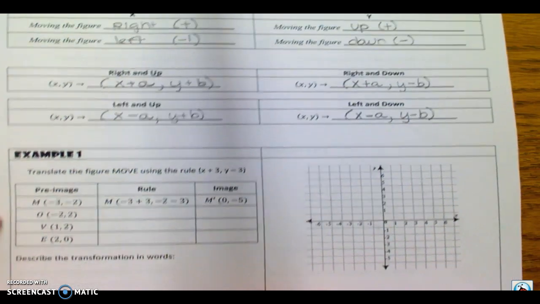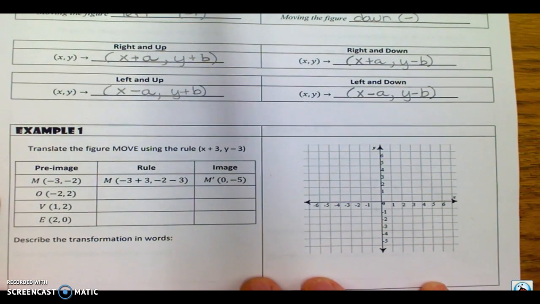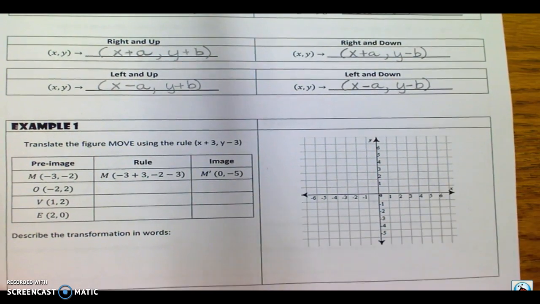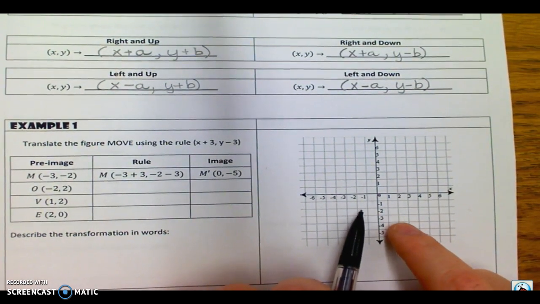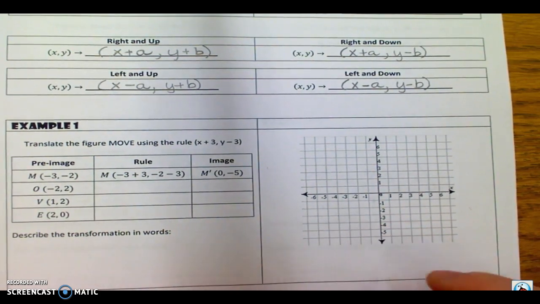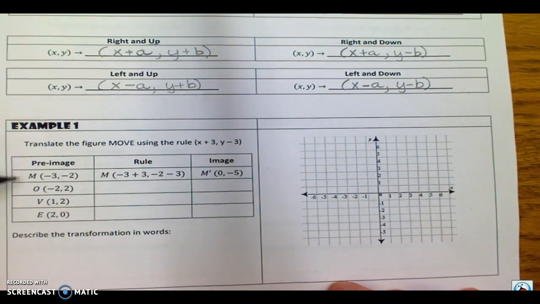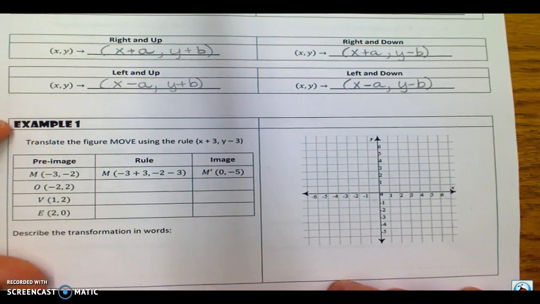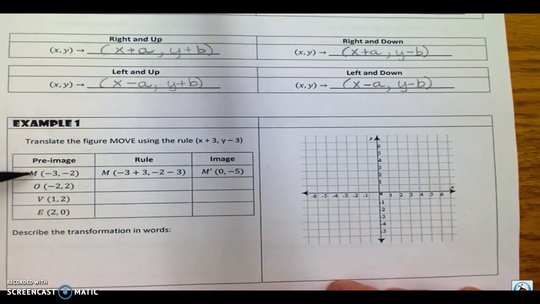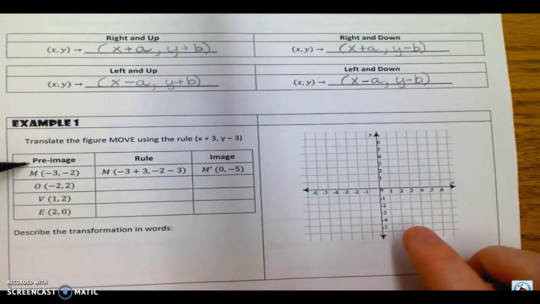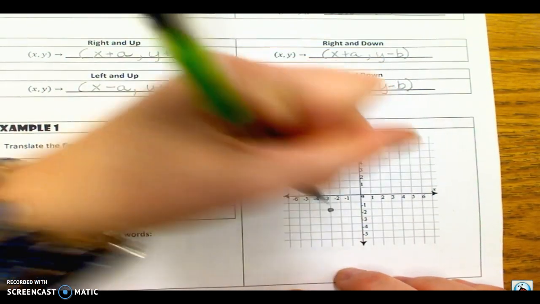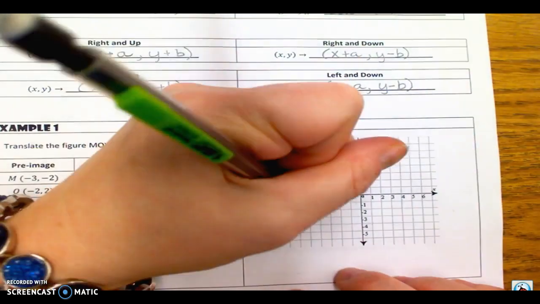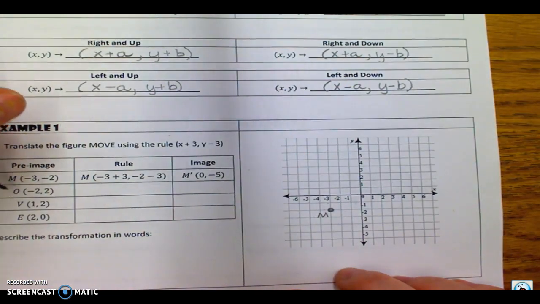Let's take a look at an example. If I was nice and made you copies with the image already on there, that's awesome. Otherwise, you're going to have to graph it. So I'm going to put the pre-image on my graph. -3, -2, and that's M. I'm going to label that. -2, 2.